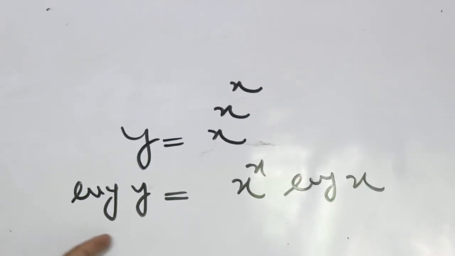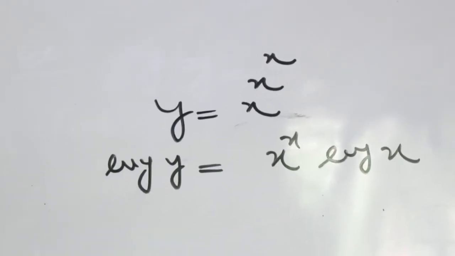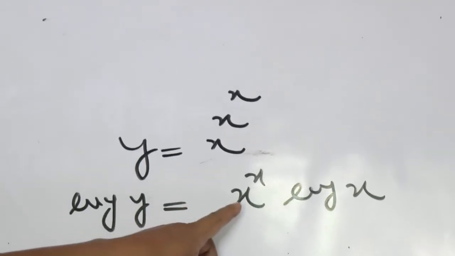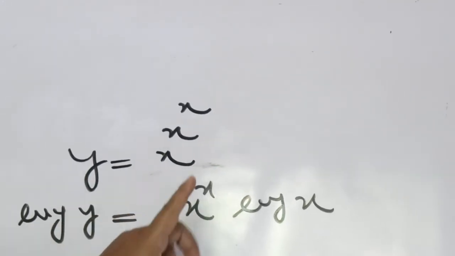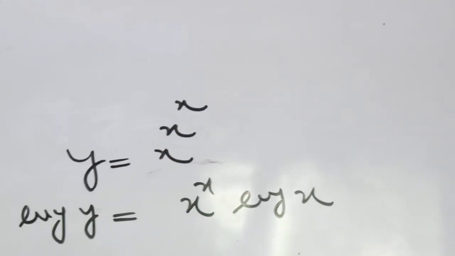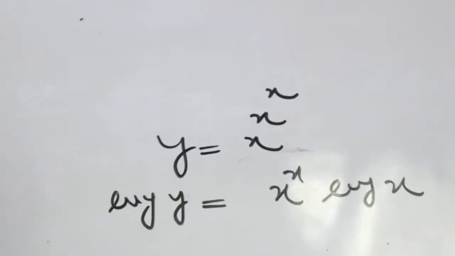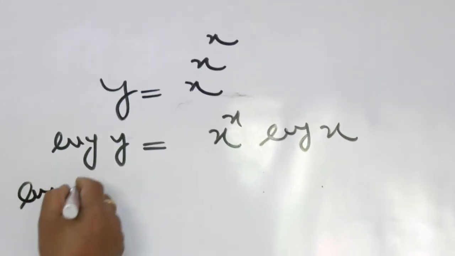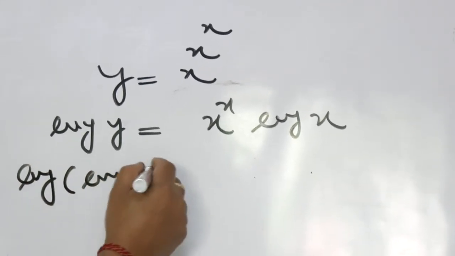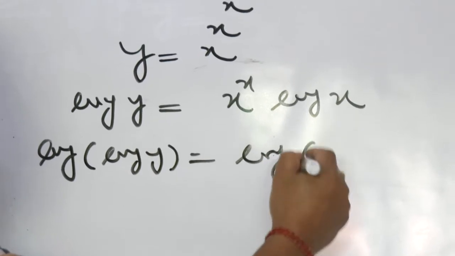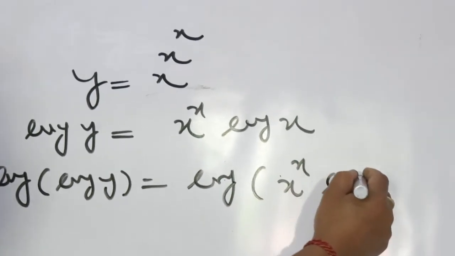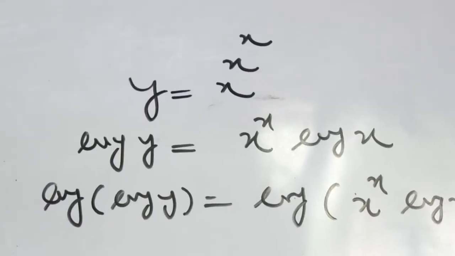Here we cannot differentiate directly, because the function x to the power x, variable to the power variable, is another function. So we have to take logarithm on both sides again. That is log of log y equals log of x to the power x into log x.